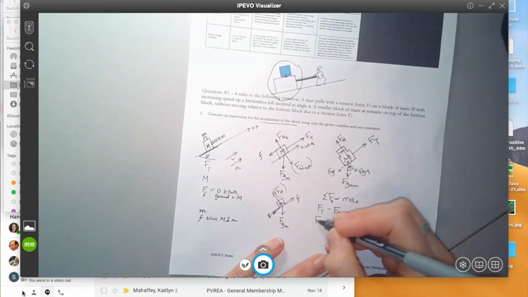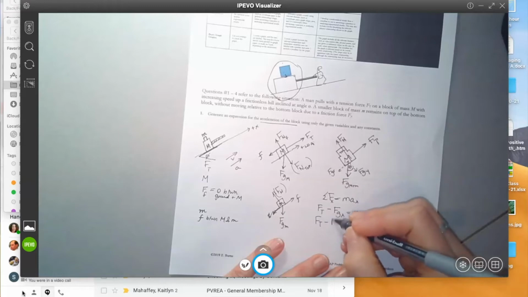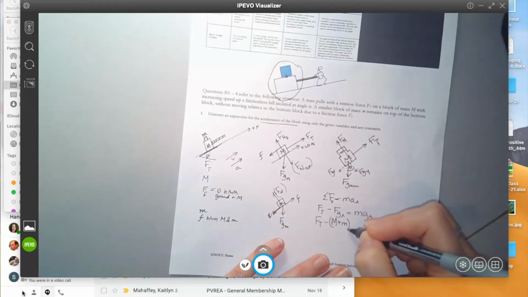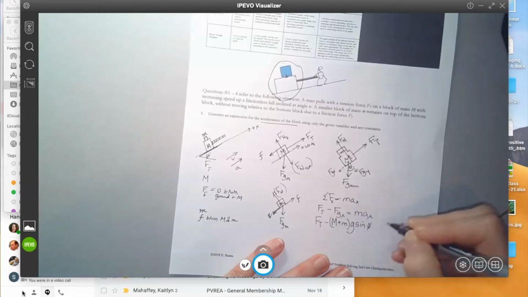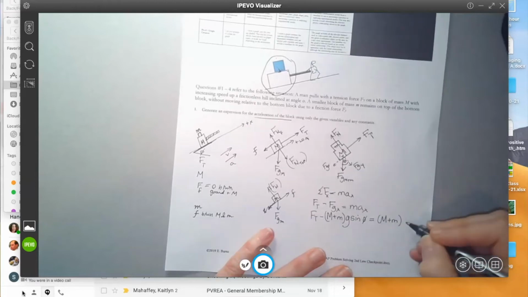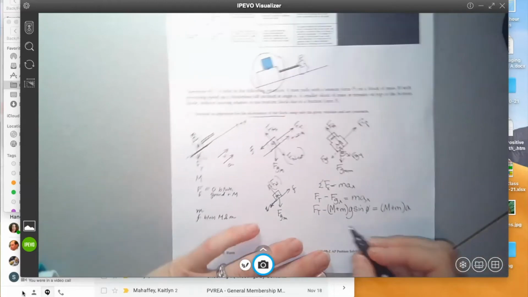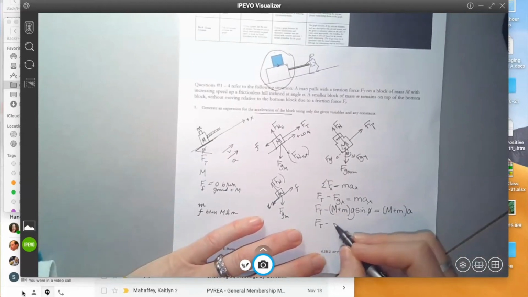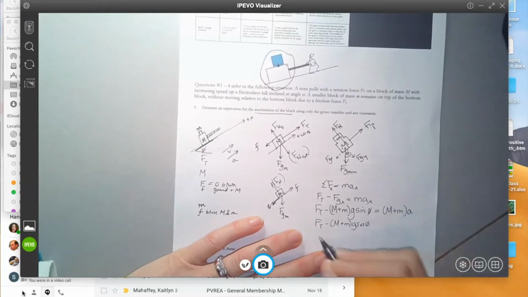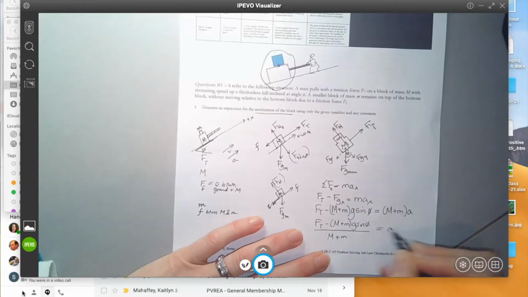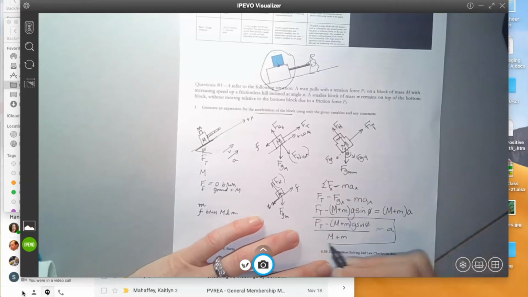So Ft is a given. This is both masses together times g times sine of that incline angle equals both masses times acceleration. So the expression for acceleration looks like this.